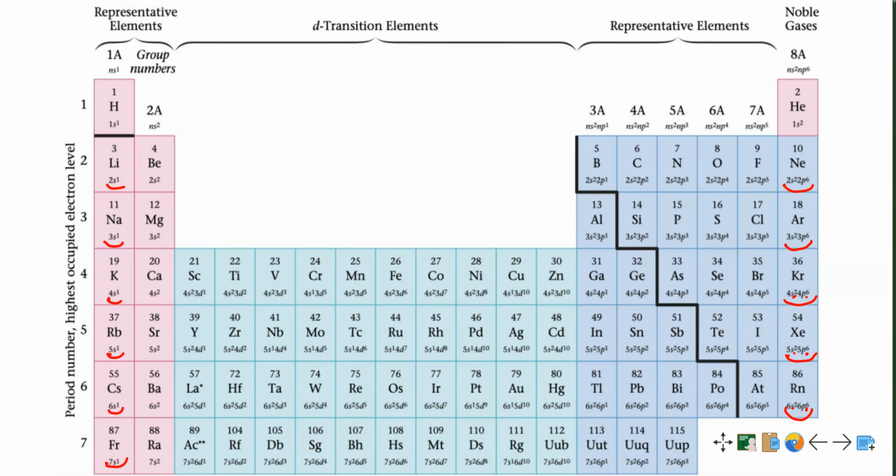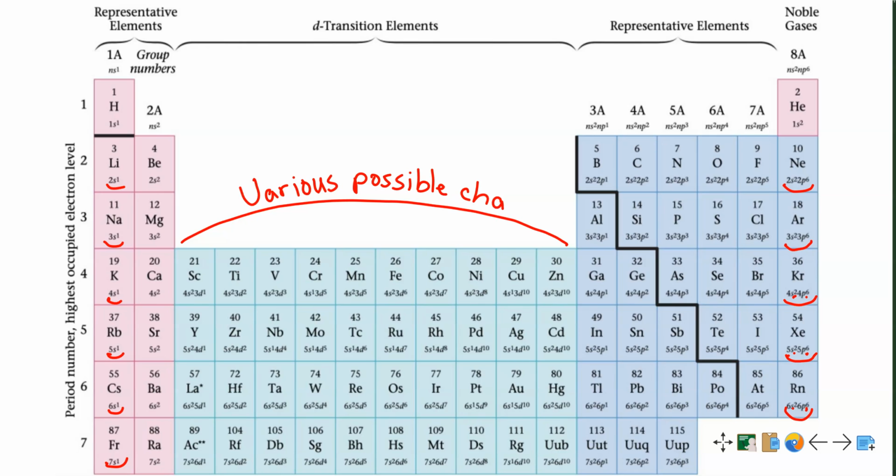Now, there are some weird exceptions on the periodic table. When we get to the transition metals, which are these right here, remember that they can have various possible charges. That's because they have various possible valence electrons. Okay?